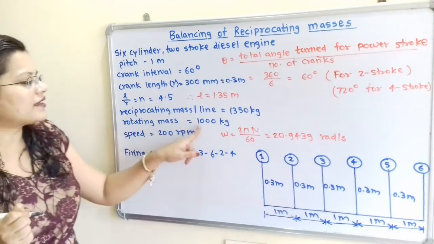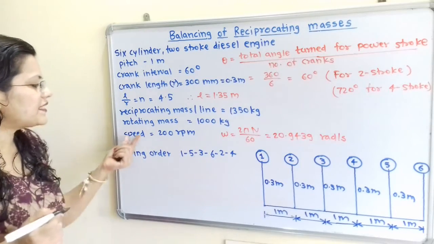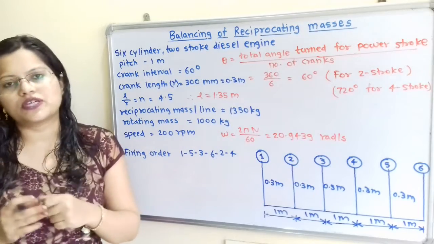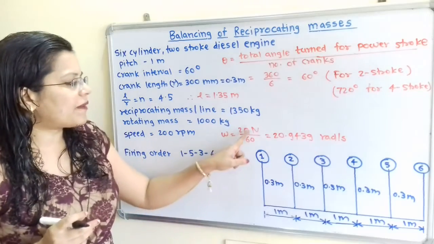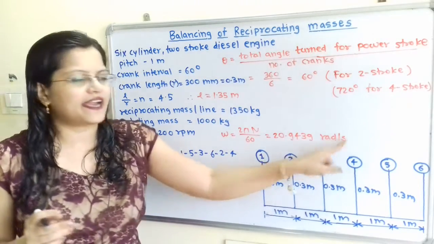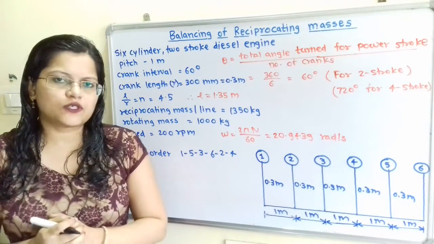The rotating mass is also given, that is 1000 kilogram. Now speed is given 200 rpm, that is 200 revolutions per minute. From that we can calculate omega, that is 2 pi N by 60, which is equal to 20.9439 radians per second. Now firing order is also mentioned.